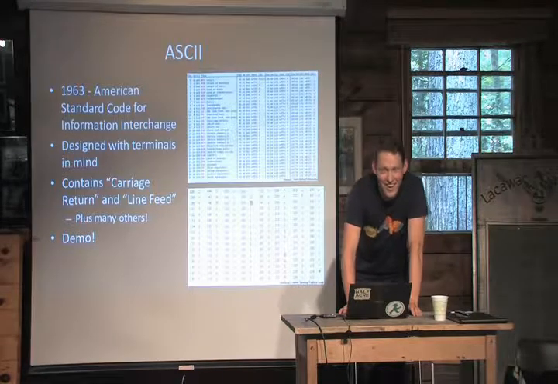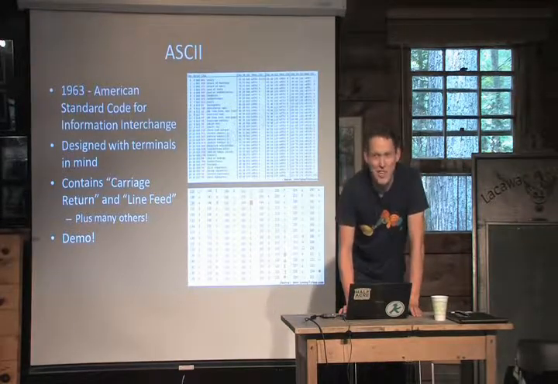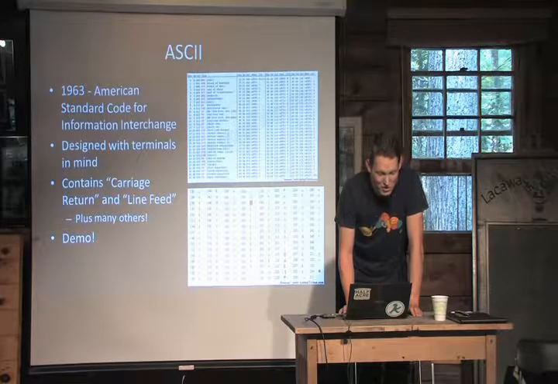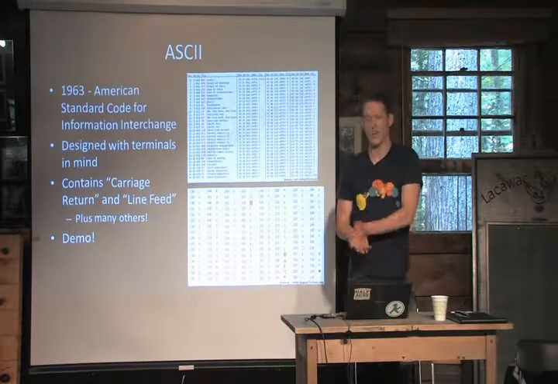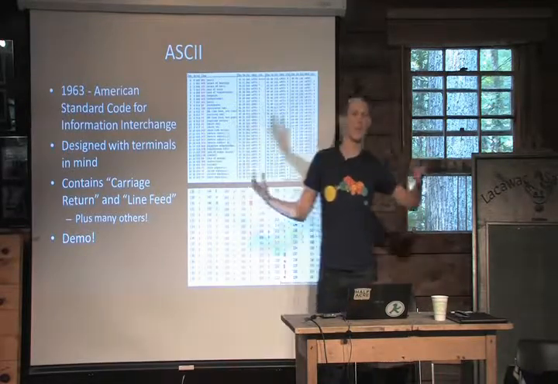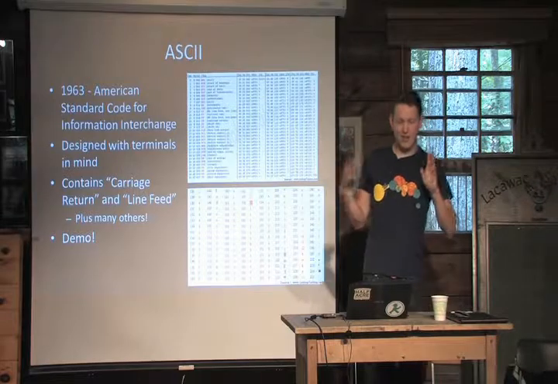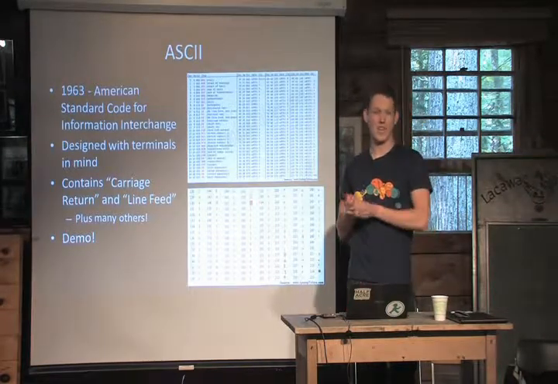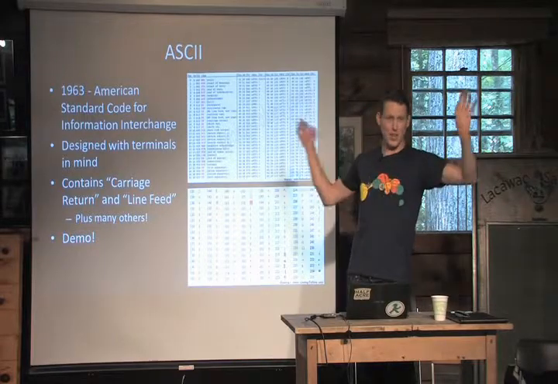Then in 1963, 50 years ago, they created ASCII. A bunch of people came together. This is when really big, monstrous computers were just starting to come out. They decided that if we didn't agree on something now, we would have 1 billion different standards out there.